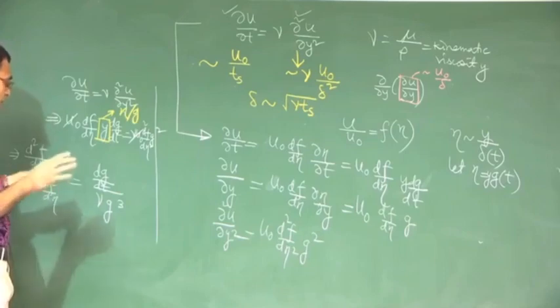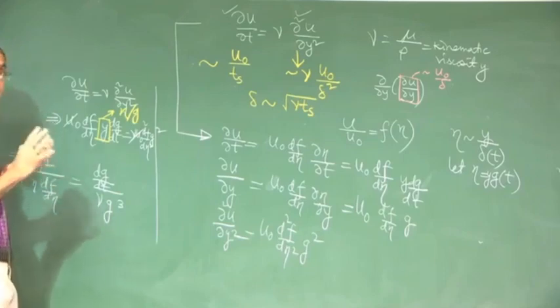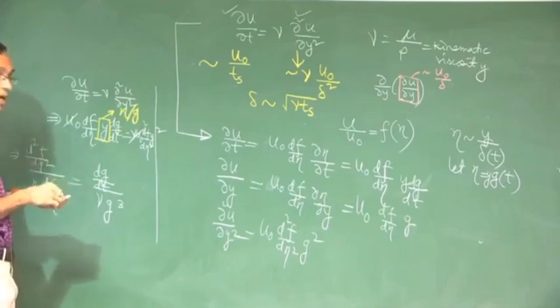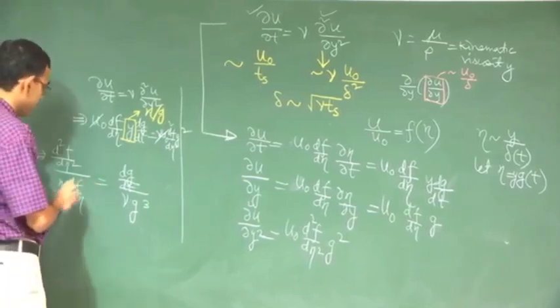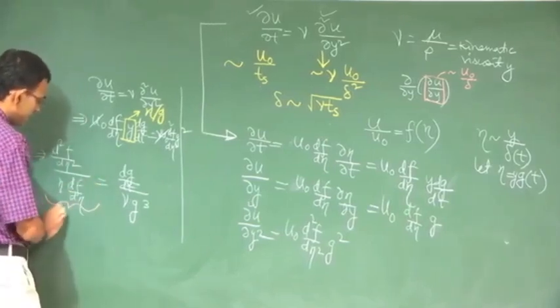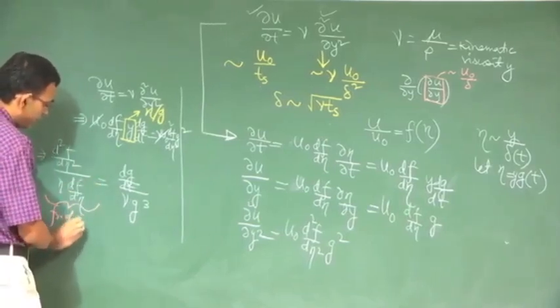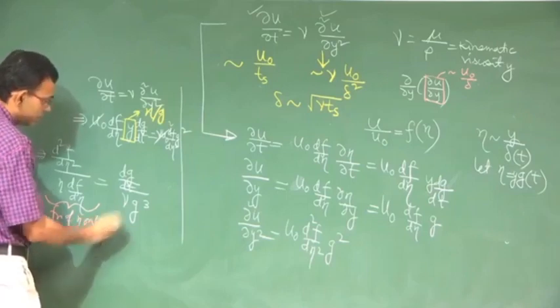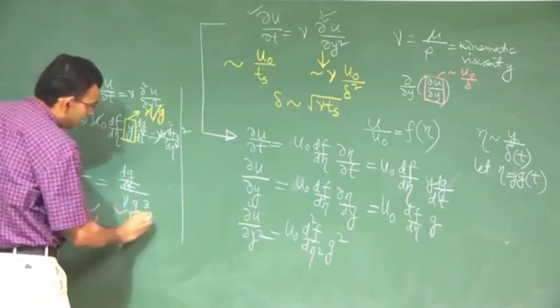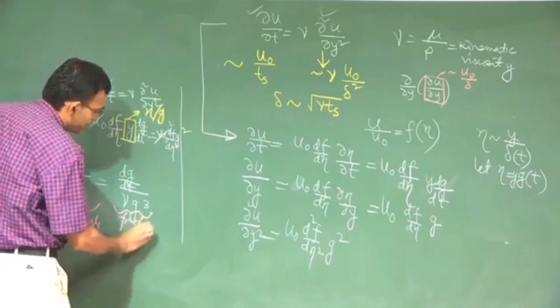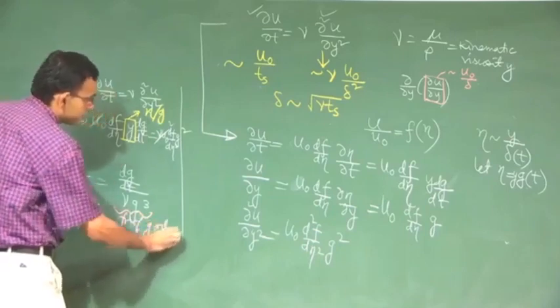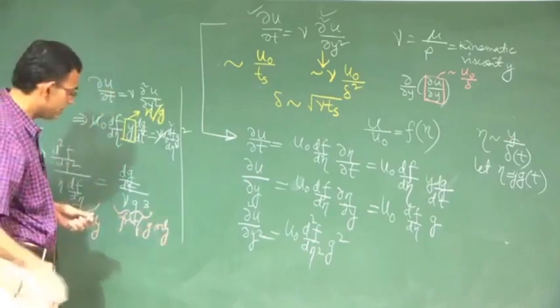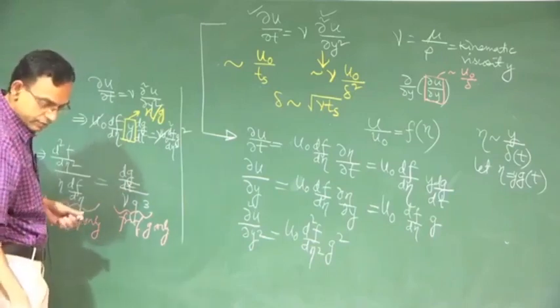So, now see, we have been successful in separating the variables. How have we been successful? This is a function of eta only, and this is a function of g only, sorry, function of t only.